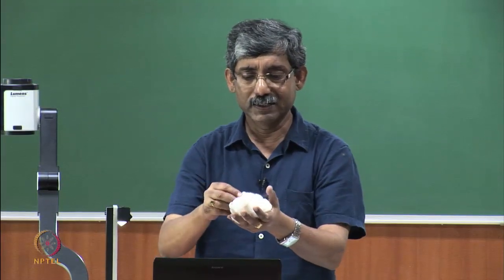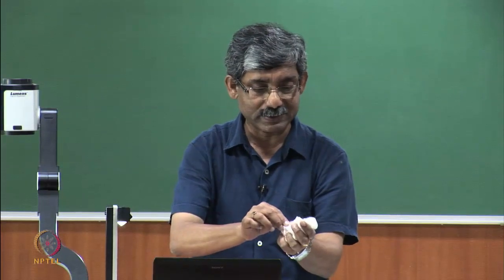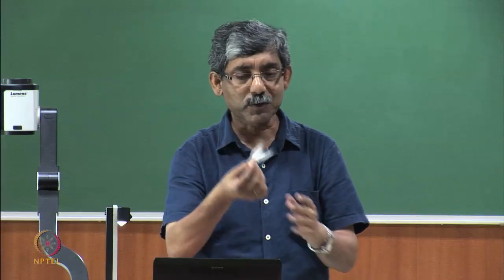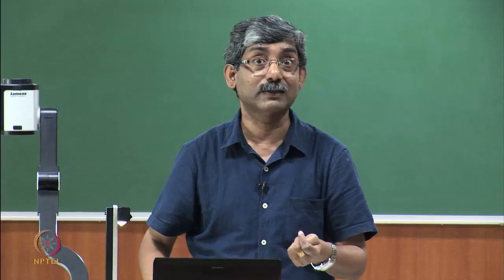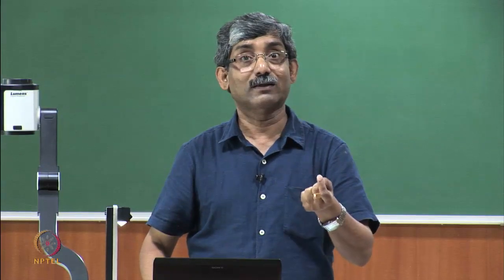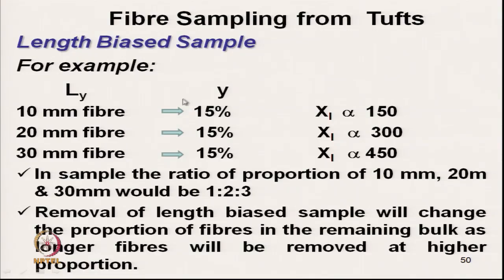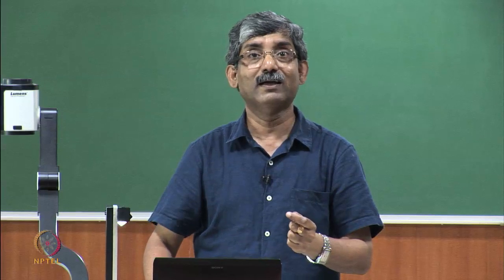Now, if we take the sample, what will be the proportion in the length biased sample as per the length? For 10 millimeter fiber, the proportion in the bulk was 15%, but in the sample it will be 150, because it is a multiple of 10 multiplied by 15.